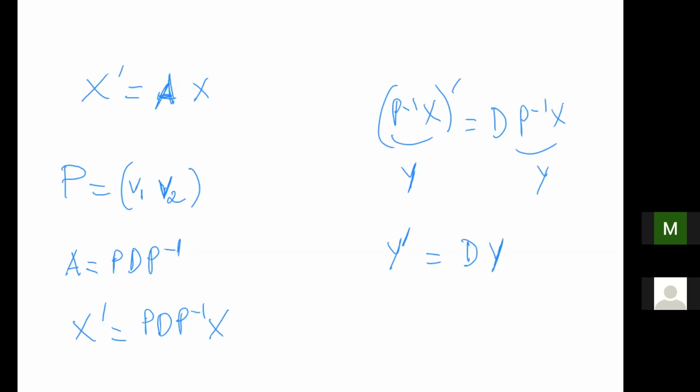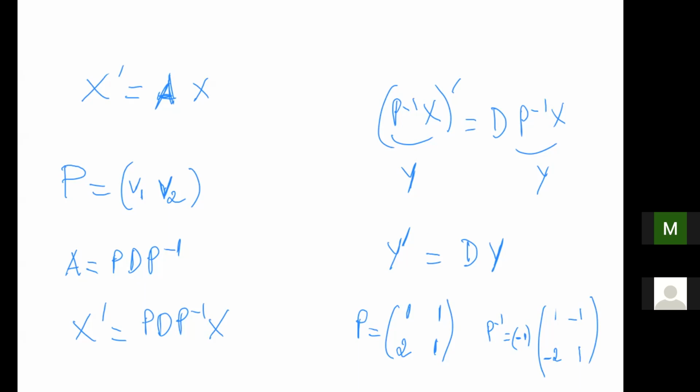So now I recall that if P is V1, V2, where V1 is (1, 2) and V2 is (1, 1), then P minus 1 you can compute: it's minus 1 times the matrix (1, 1; 2, minus 1)... All right.